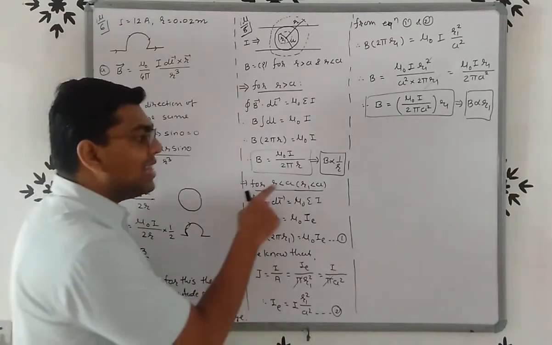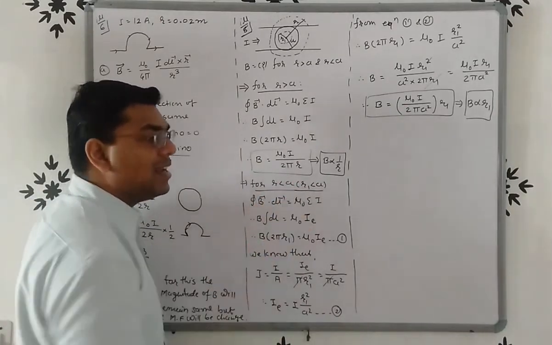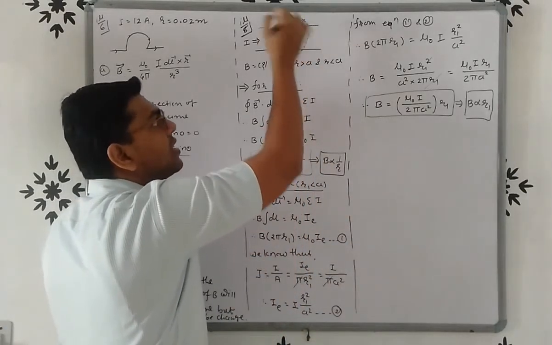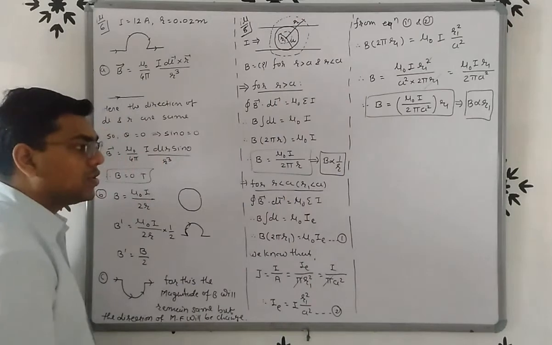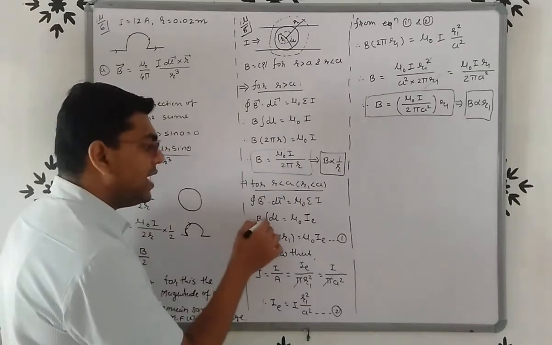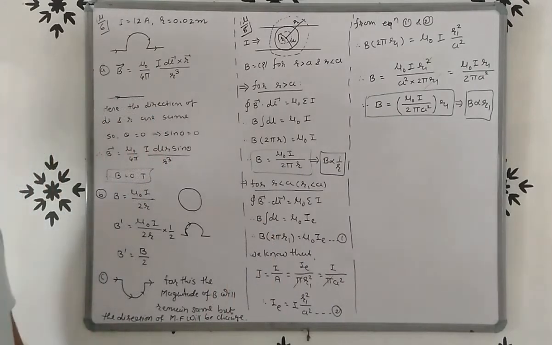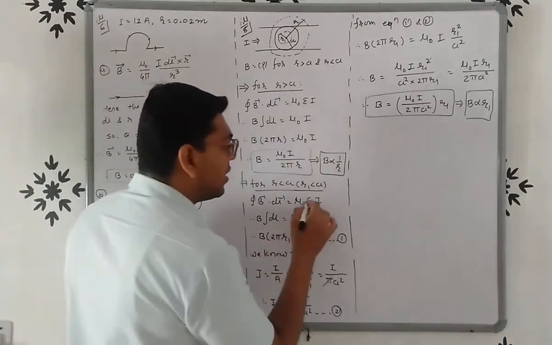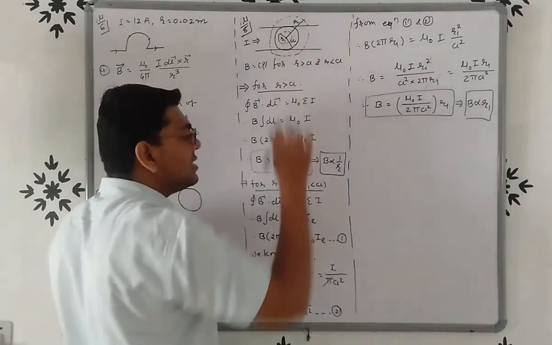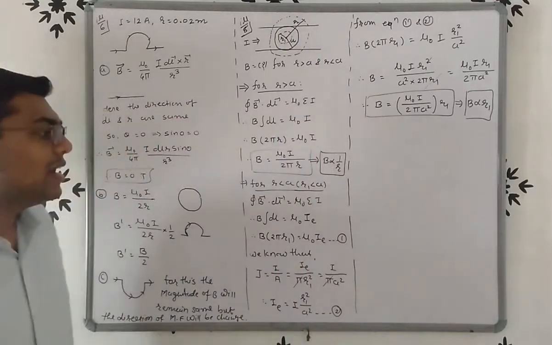Now if r is less than A, or we can say R1 is less than A, we consider a cross section having radius R1. To find out the magnetic field, once again B integration dl is equal to mu 0 sigma I. But here the current passing through this cross section having radius R1 is IE, right?